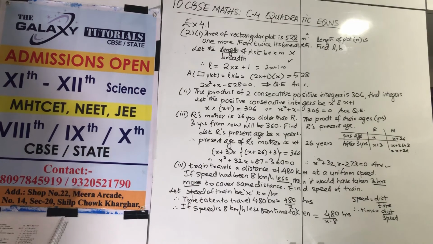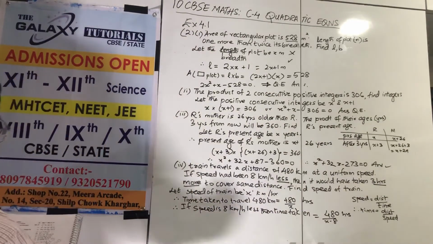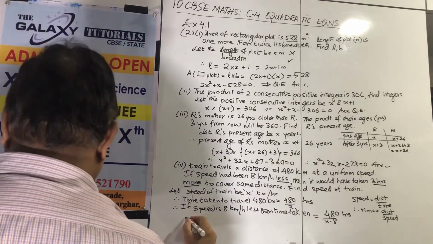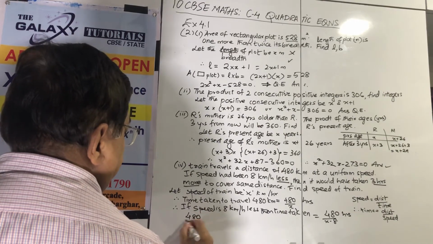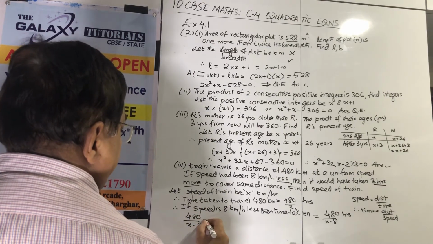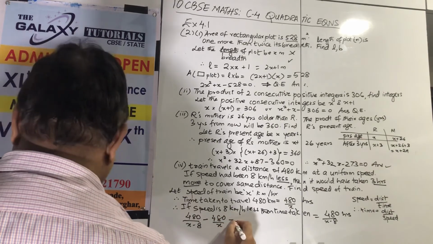Speed has been decreased by 8. We are told the difference would be 3 hours. You will take 3 hours more. So slow speed takes more time. Don't forget, my friends, 480 upon x minus 8 minus 480 upon x, the faster speed, is 3.